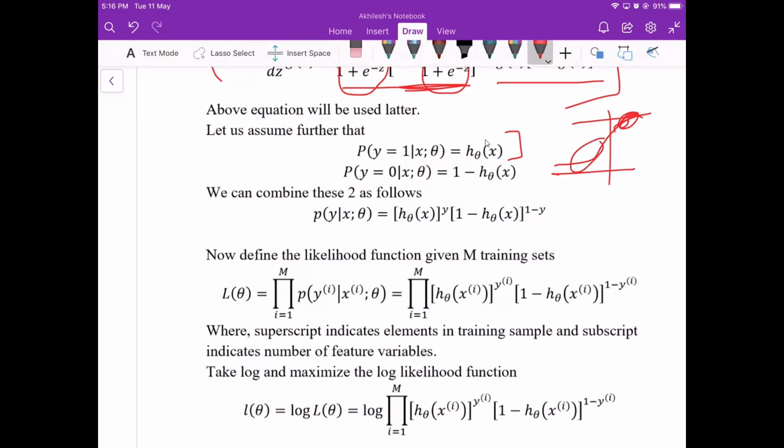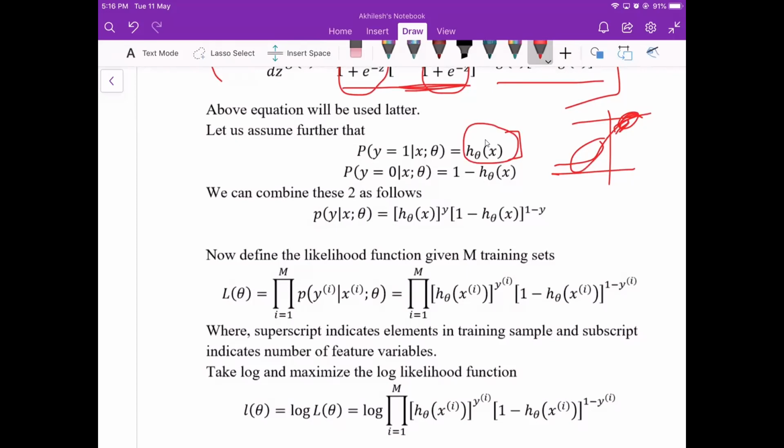Then the probability of y equal to 1 is my assumption: when h theta is in this fashion, y is equal to 1 for given x and theta, and this is what we are assuming, h theta x.